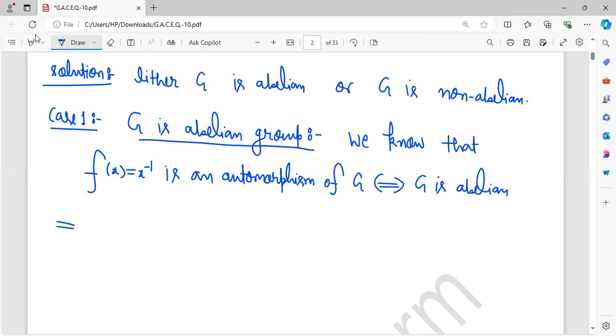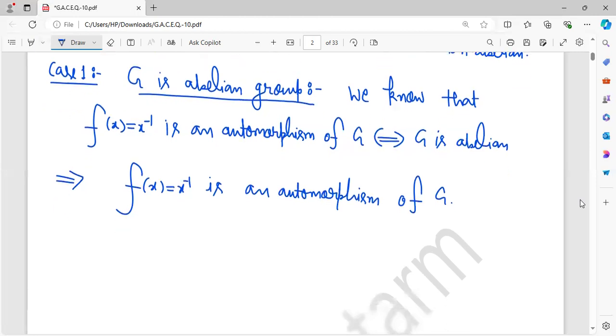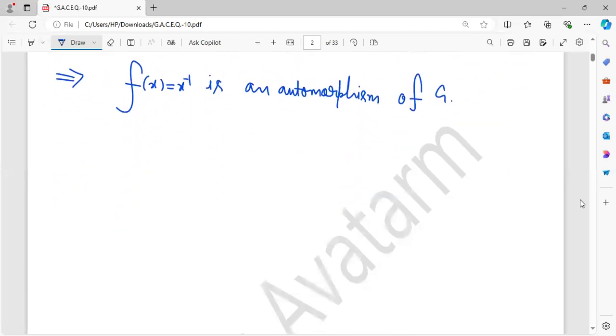So this implies that f(x) = x inverse is an automorphism of G. So we claim that this f is not an identity automorphism. We claim that f is not equal to the identity automorphism.